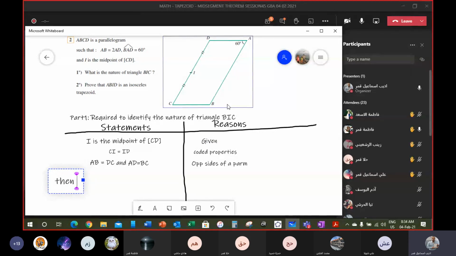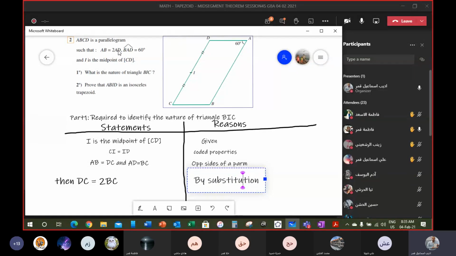Then DC equal to BC. يعني بدل ما أقول هون AB equal to AD، بدل AB شو بنحط DC لأنه they are equal، وبدل AD بنحط BC كمان لأنه they are equal. وبقول هون على جنبهم by substitution. مين بيعرف شو معنى substitution؟ بعد التعويض، يعني بالتعويض، بواسطة التعويض. يعني هو عاطيني AB equal to AD، بدل AB شو في يحط؟ DC، لأنه الAB والDC are equal. وبدل AD شو في يحط بدالها؟ BC كمان are equal.